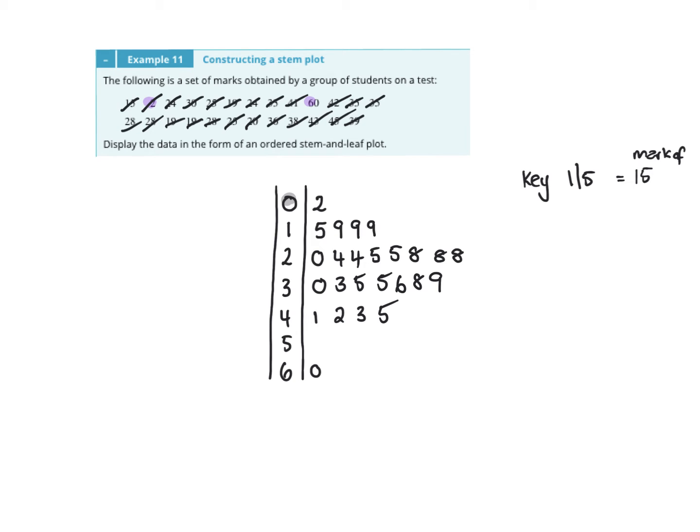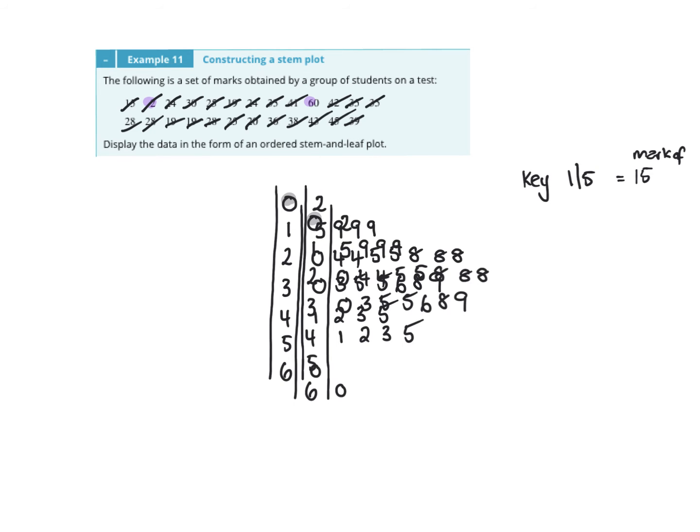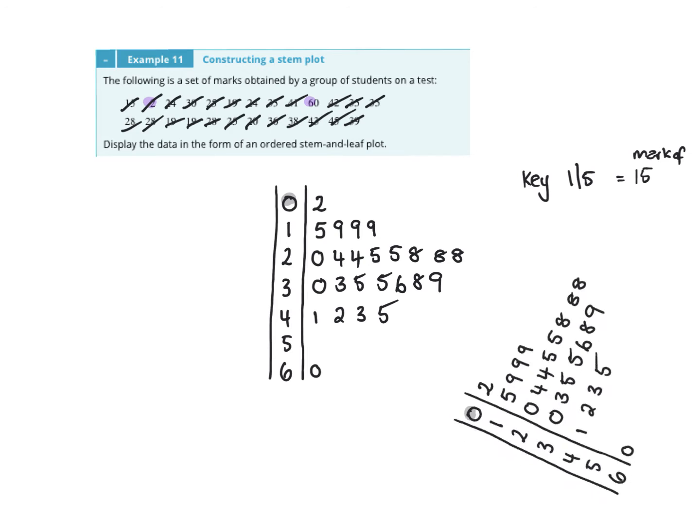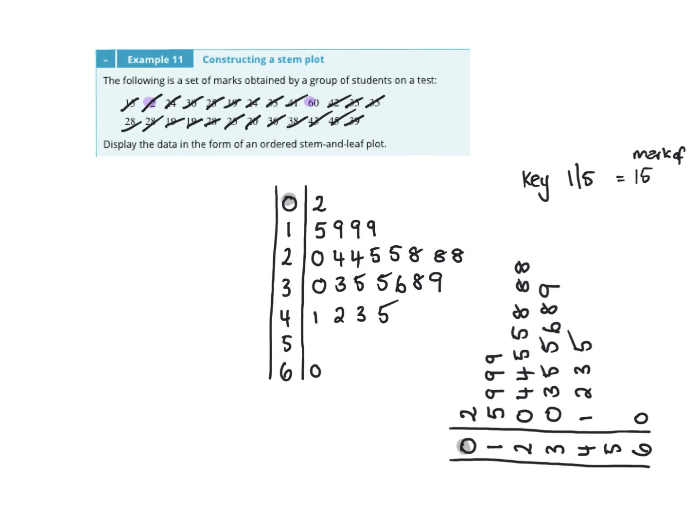If we have a look at this one, if I turn it around like that, it looks to me symmetric. Just looking at it, I'm going to have a guess and say symmetric with a possible outlier.